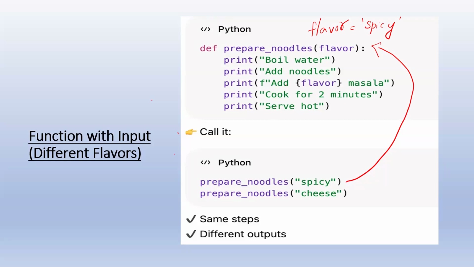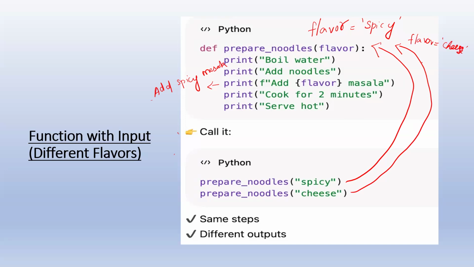Now here, there will be a change. When you print, it will say add spicy masala. You got it? Now the second function call. Here we are calling the function again. In this case, for customer 2, cheese will be assigned to flavor, equal to cheesy.